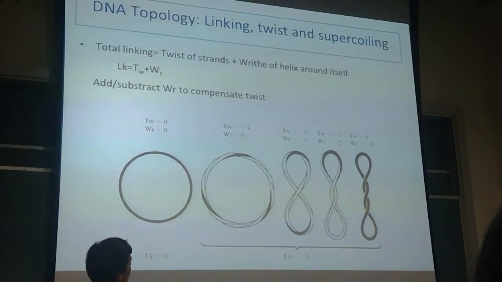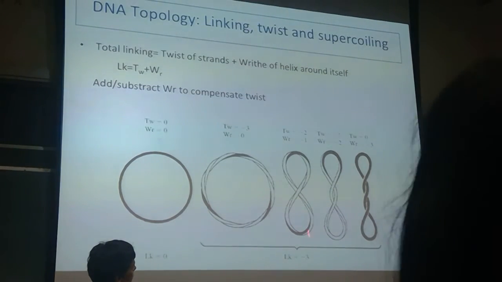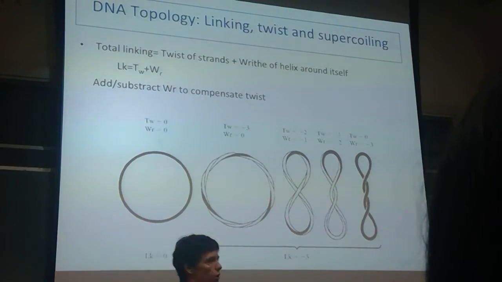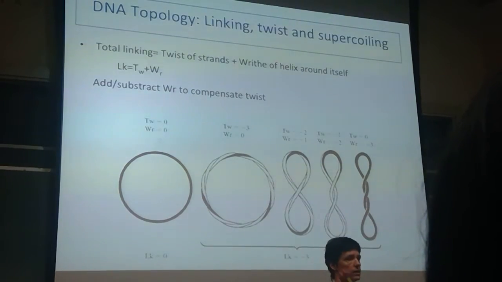You can also have a twist of -2 and a writhe of -1, so you do 1 negative supercoil and lose 1 twist. Or you can have -1 for the twist and -2 for the writhe, or a twist of 0 and a writhe of -3. Does that make sense?